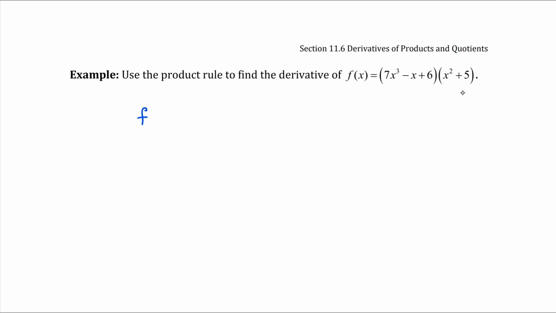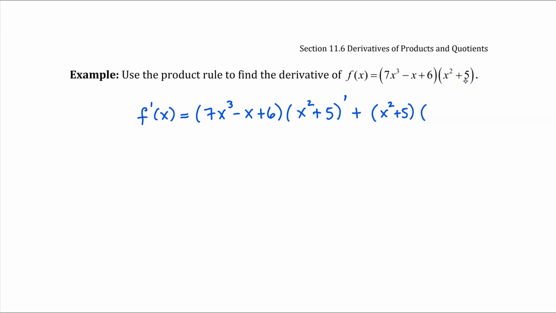So we have f prime of x is equal to the first, that is 7x cubed minus x plus 6, times the derivative of the second, x squared plus 5 prime, plus, copy the second, x squared plus 5, times the derivative of the first, 7x cubed minus x plus 6 prime.